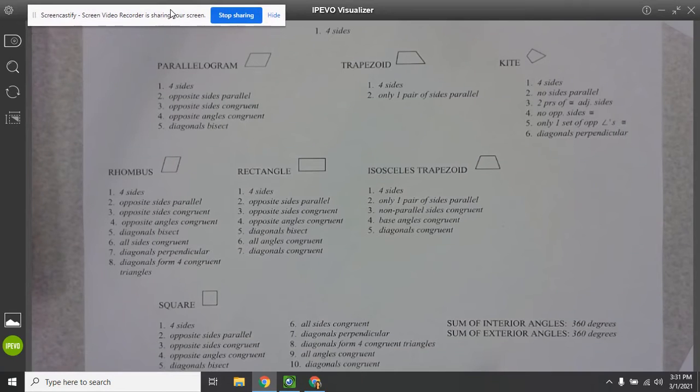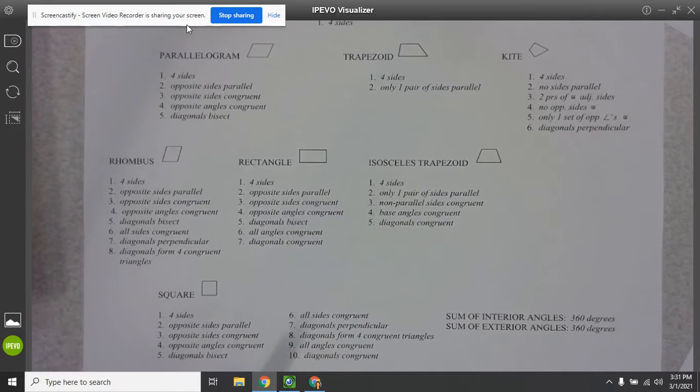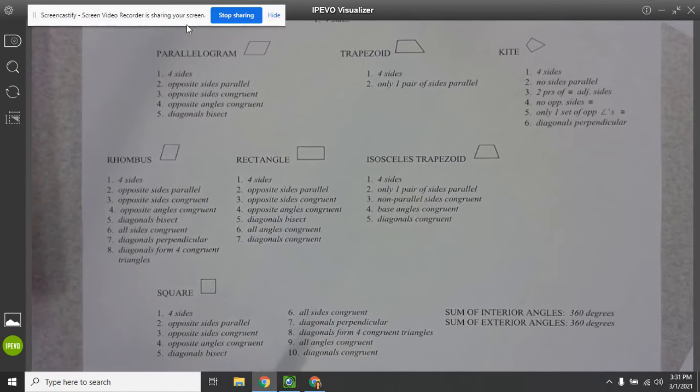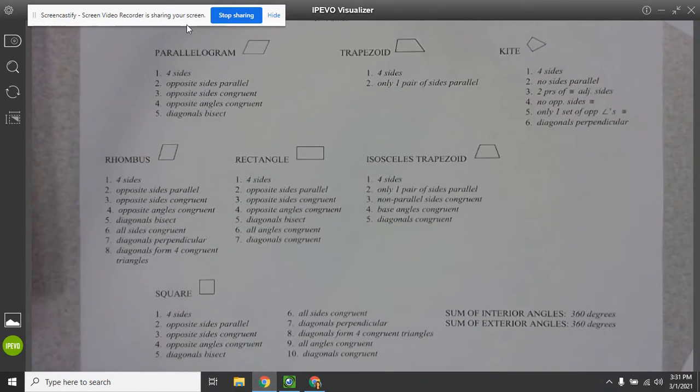All right, so in this video lesson, we are going to look at all different properties of quadrilaterals. We did parallelograms yesterday. You should have this family tree available to you. Let me make this a little clearer. I'm going to use this sheet.